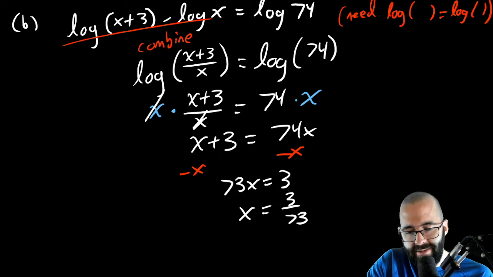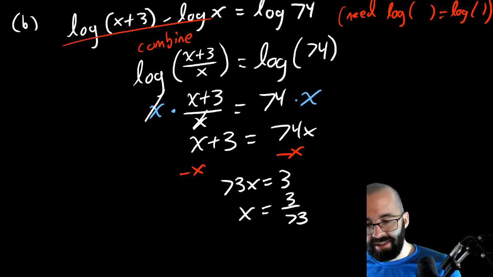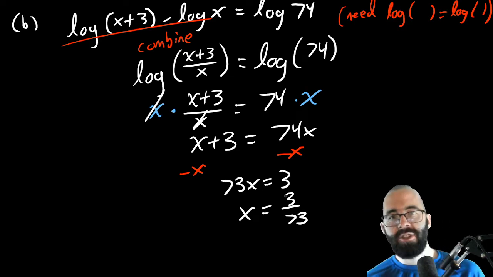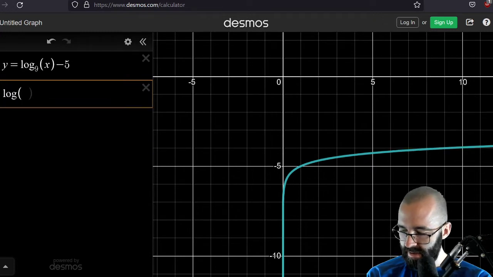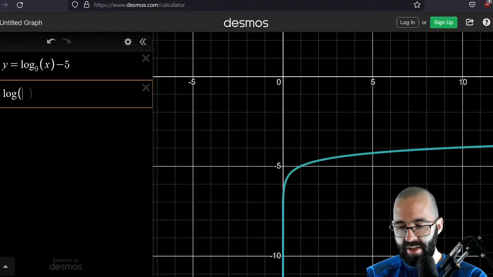Is that right? This seems really weird. Did I make a mistake somewhere? I don't know. Let's check our answer. Let's go to our calculator. Is the common log of... wait, what did I say our answer is? 3 over 73.